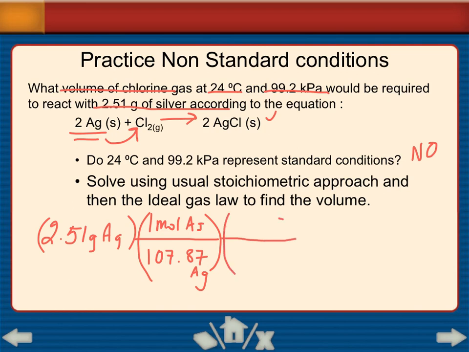And for every 2 moles of silver, we will require 1 mole of chlorine gas. So again, this is our molar ratio.